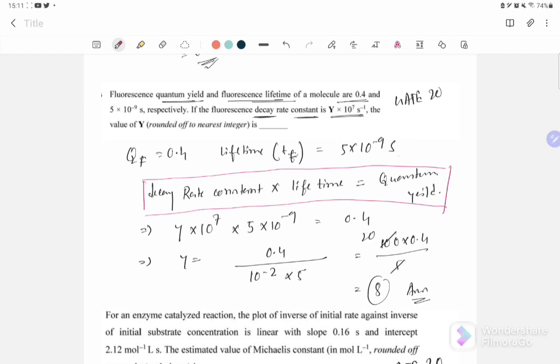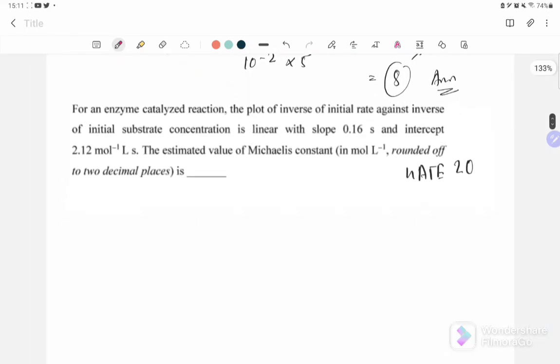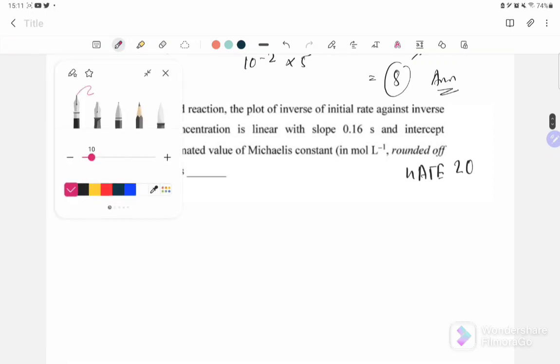Okay, very easy. So our next question came in GATE 2020.